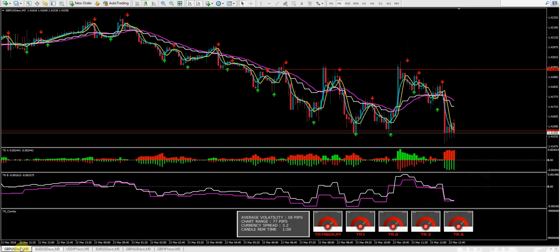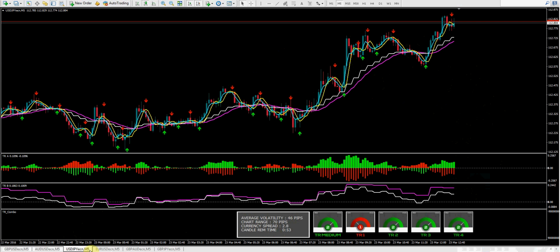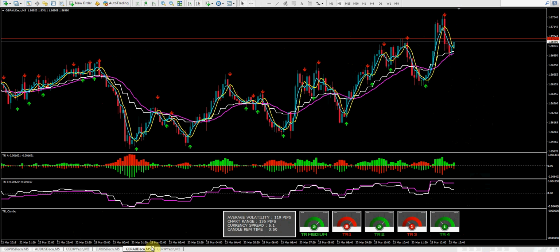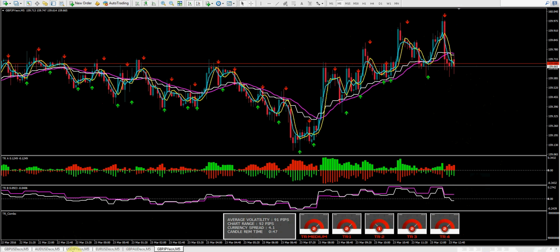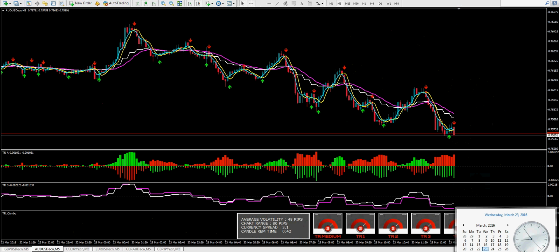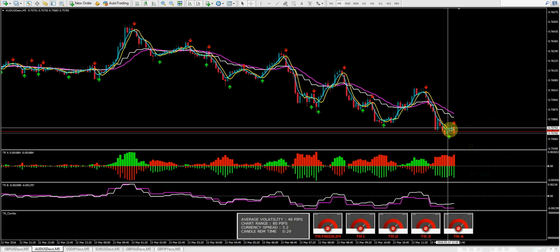Let's take a look at some of the other pairs here. All right, 30 seconds until this bar closes. What I don't want to do is enter a trade right here. It's possible this is going to be a level of support.